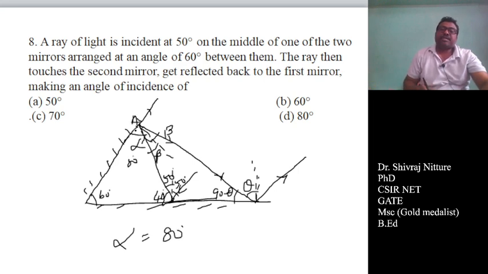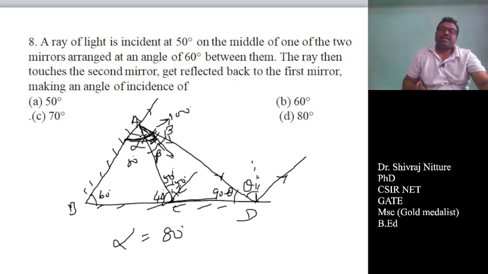You can see this is A, B, C, and D. So this is a triangle. So 100 and remaining is 80. Look here. If this is 80, this is the normal line, right? If this is 80, then this is 10 degree. This is 10 and this is also 10. This total angle is how much? 80 plus 10 is 100 degree.